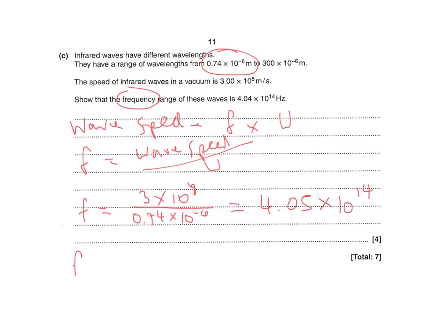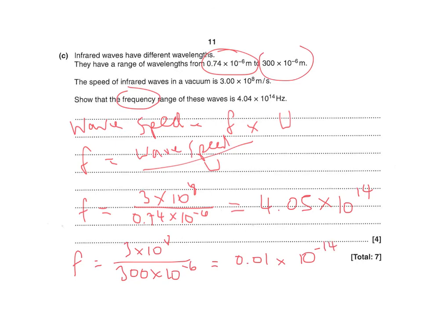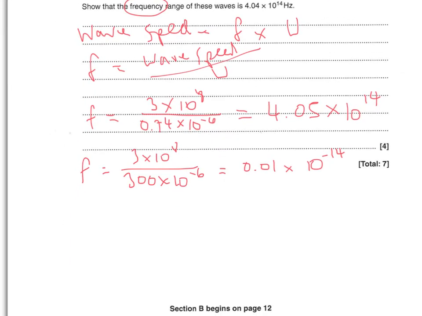And then the other frequency equals 3 times 10 to the 8 again, divided by 300 times 10 to the minus 6. And that equals 0.01 times 10 to the 14. But you could also write 1 times 10 to the 12 as well. And then you just take one away from the other to work out the difference.